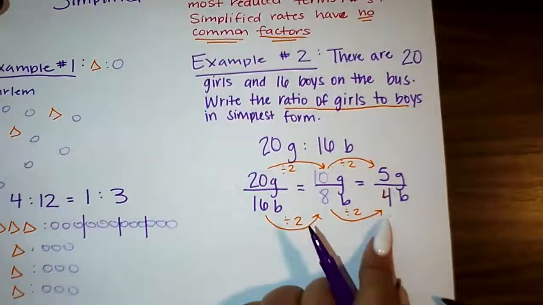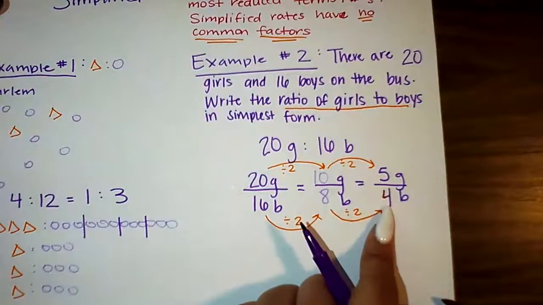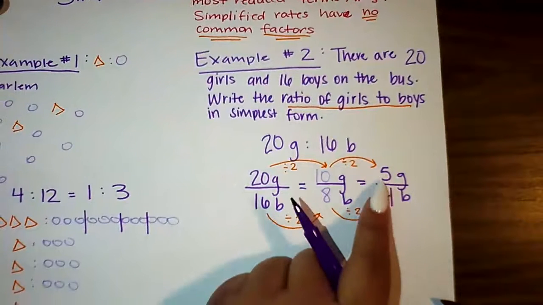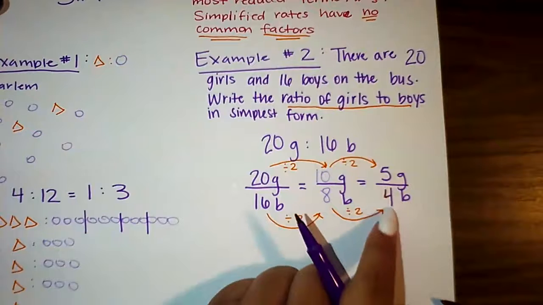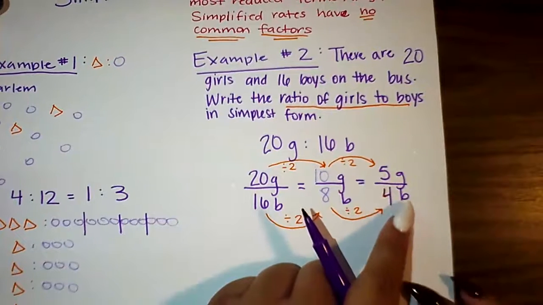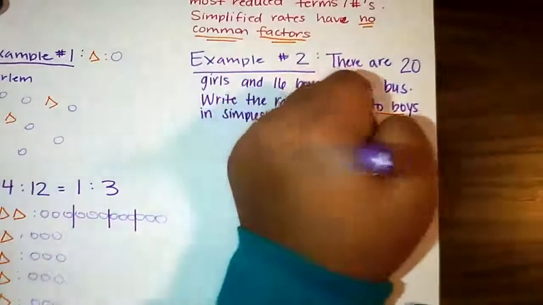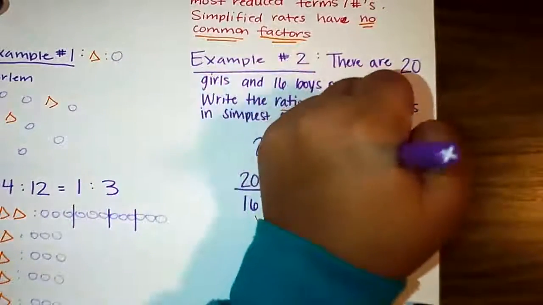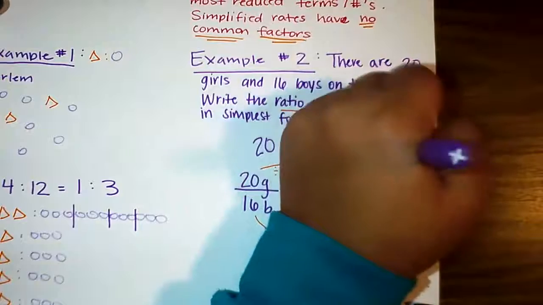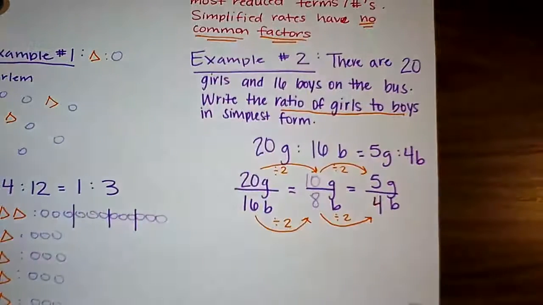I think I got it now, because 5 and 4 have no common factors. 5 is a prime number, and the only factors of 4 are 2 and 1. So that means the most simplified ratio for girls to boys in this situation is 5 girls to 4 boys.